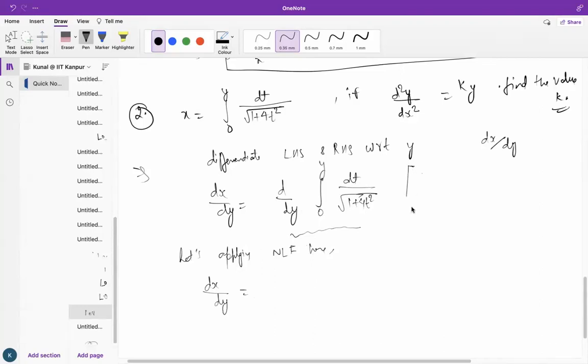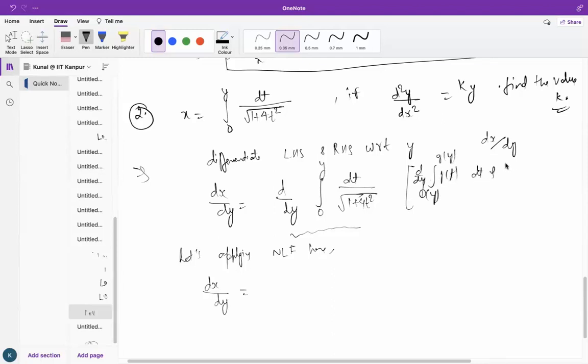Otherwise, let me write here d by dy. Here we can change to any variable, whatever we are differentiating with respect to. Okay, let me write here clearly so you can understand. There is a function like d by dy we are doing here, the integral of the function f(t) dt from g(y) onward.